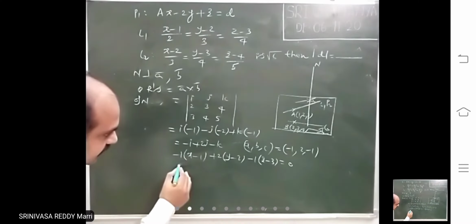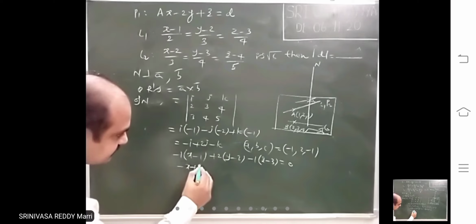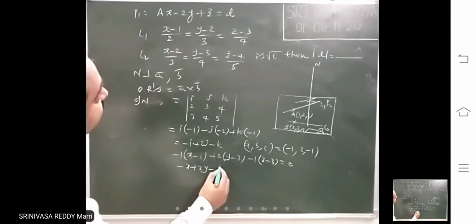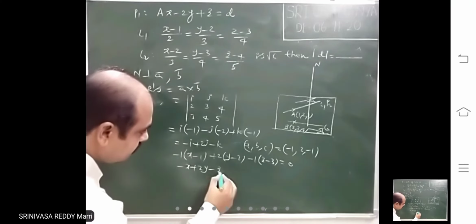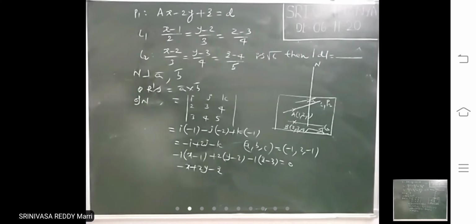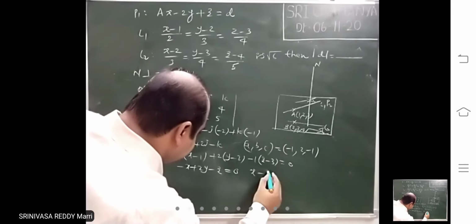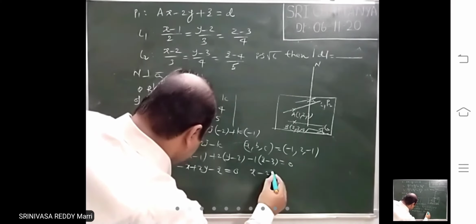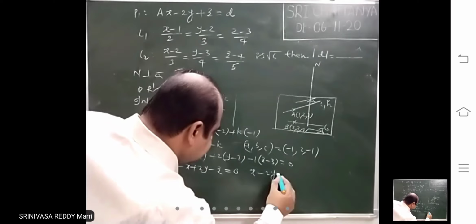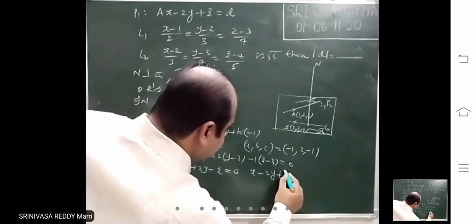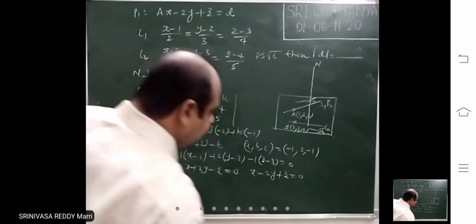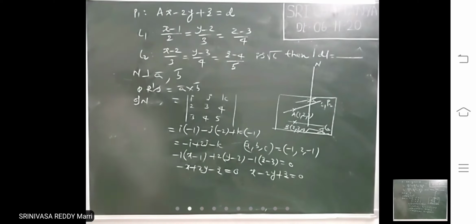That means you will get minus x plus 2y minus z, then 1 minus 4 minus 3 plus 3 cancel. That means the equation of the plane is x minus 2y plus z equal to 0.